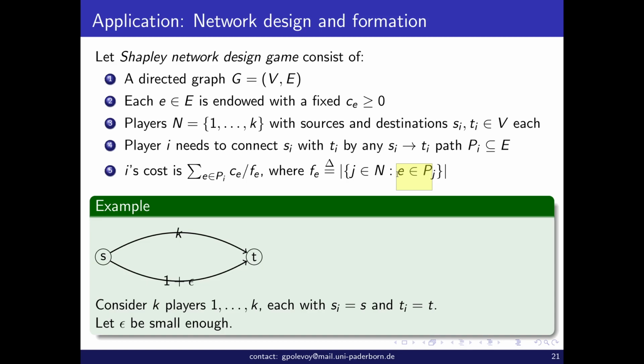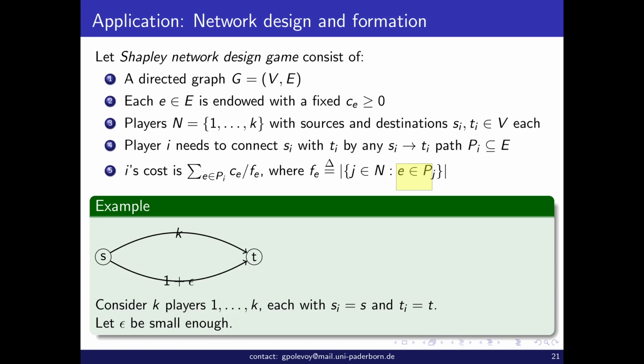So I look at all the players who have chosen a path containing that edge, and then I look how many such players exist, and then I divide the cost of the edge by the number of players who have chosen to use that edge. At least one player has, because I'm looking at a player who uses that edge.